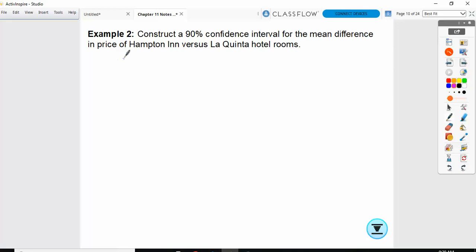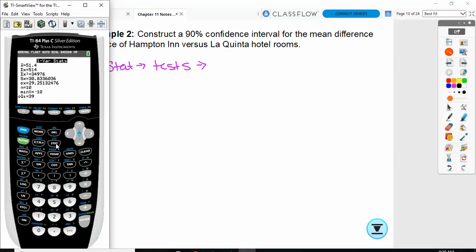So we could certainly do it by hand, and I can show you that in a minute if you want. On the calculator, do you guys remember what we went to get the confidence interval? Stat, test, and we need number 8, a t-interval.